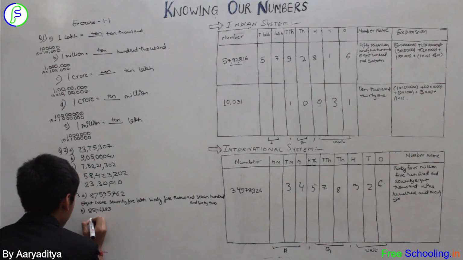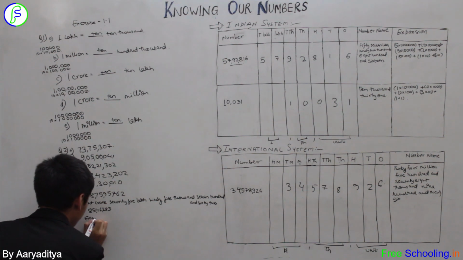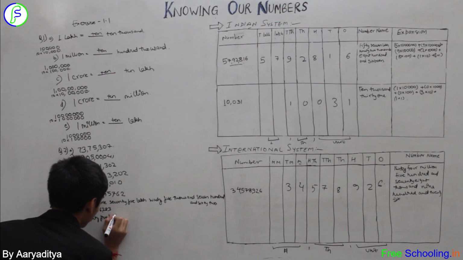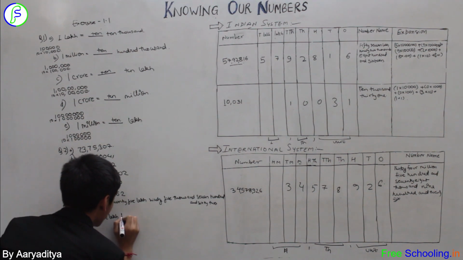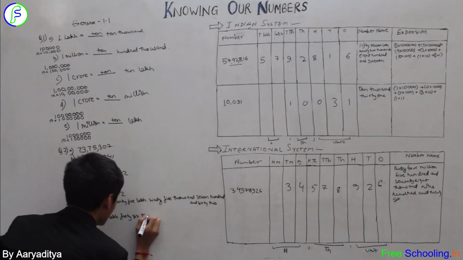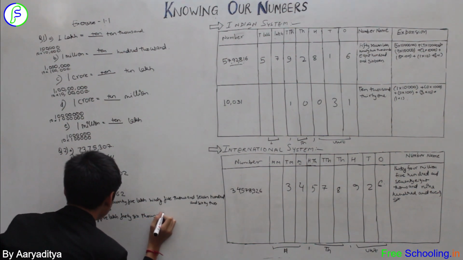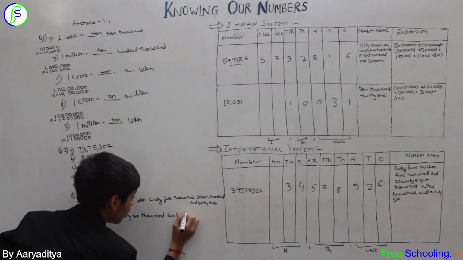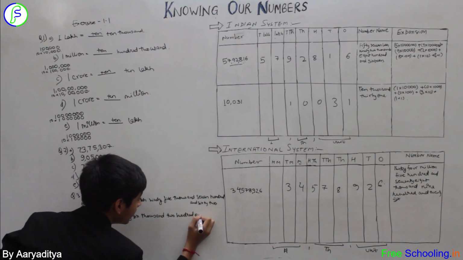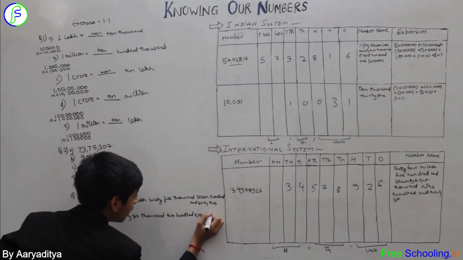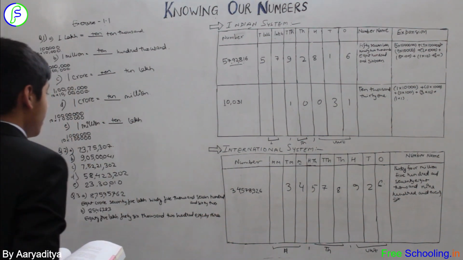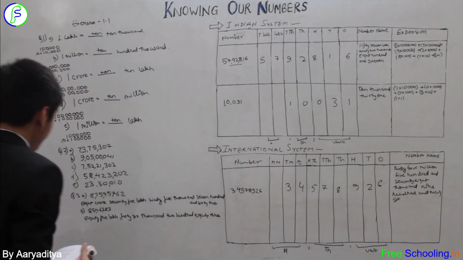Now let's name the number. 85 lakh 46,283. Okay, and put a full stop.